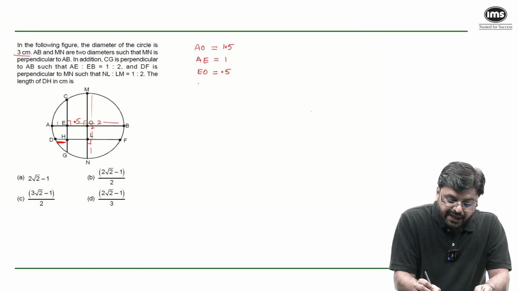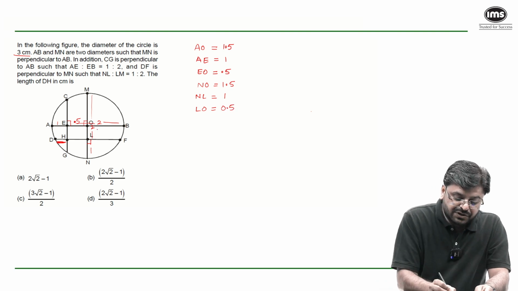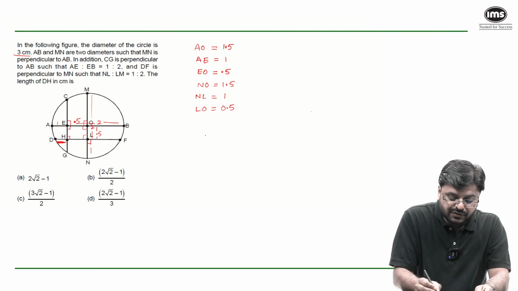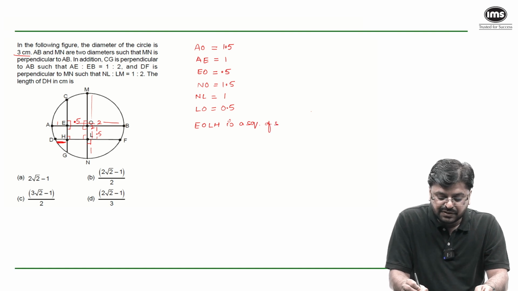So here NO is 1.5, NL is equal to 1, which means LO is also 0.5, which means this is a square of side 0.5. So EOLH is a square of side 0.5.